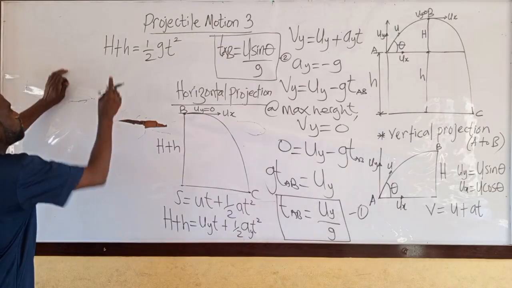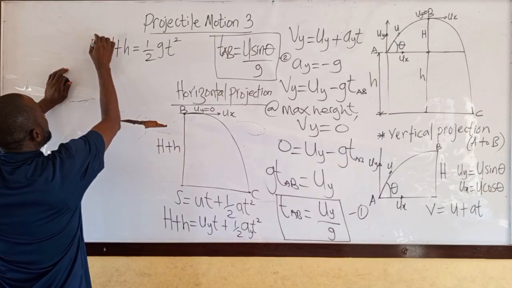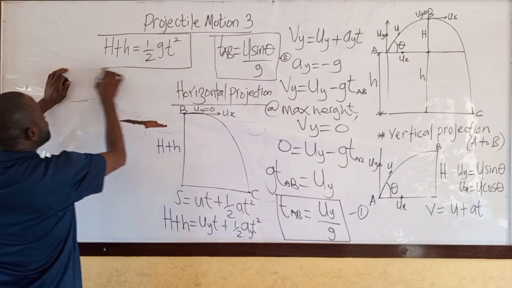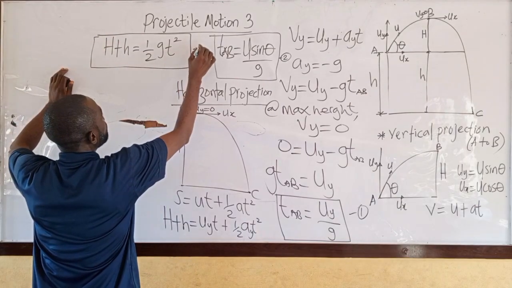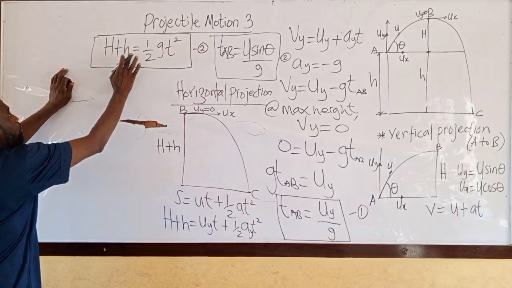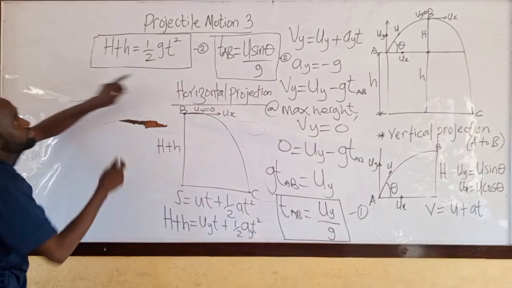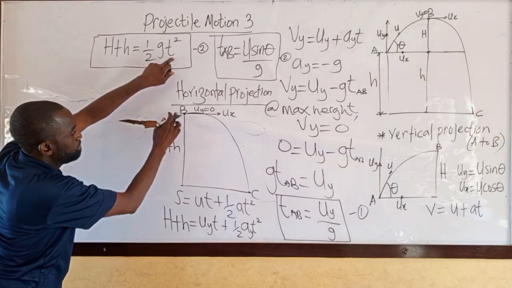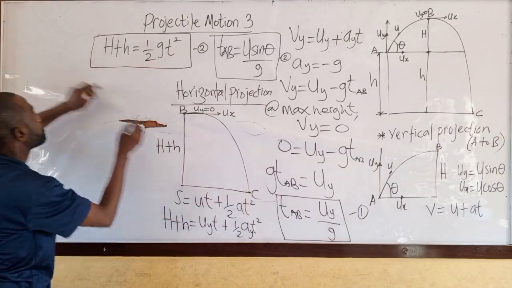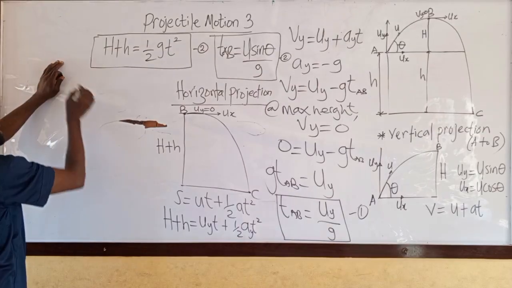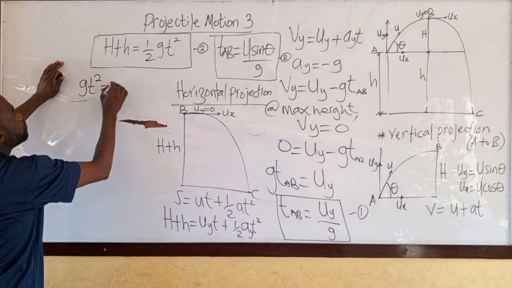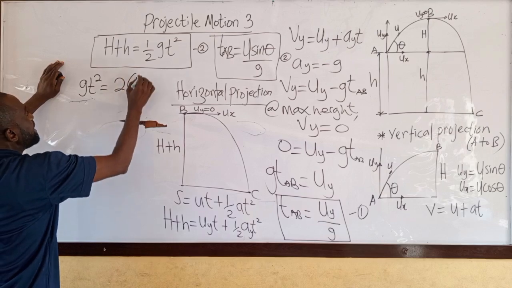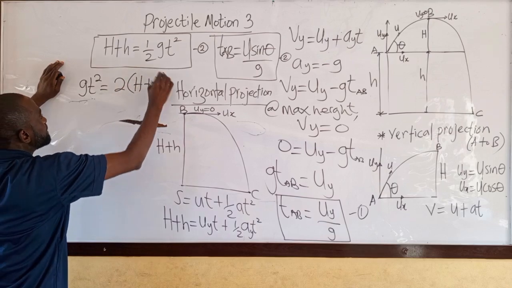So what's the next thing? Let us put this in block form too. It's very important that we put this in block form. Let's call this equation 1. This allows us to find the time, the time from B to C. So now that we cross multiply, we have g t squared equals 2 bracket H plus h.